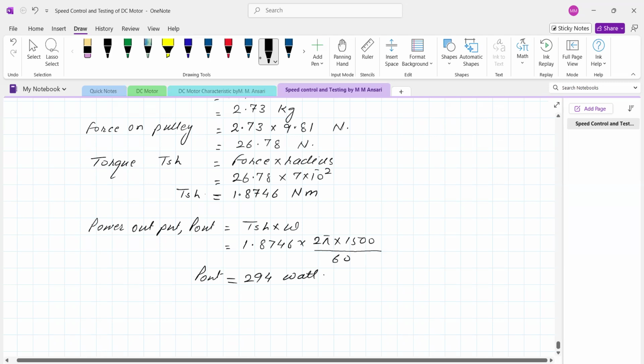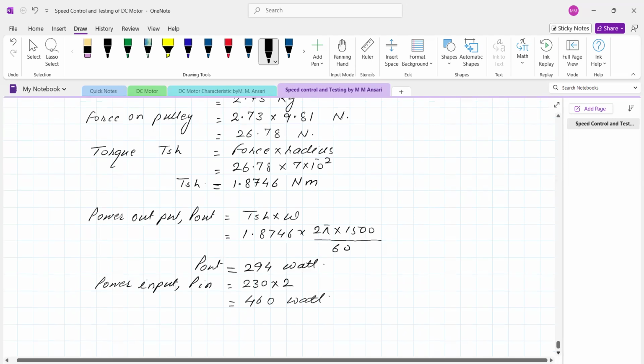Now power input. PIN is equal to voltage 230 multiplied by current 2, so this much is the power input.